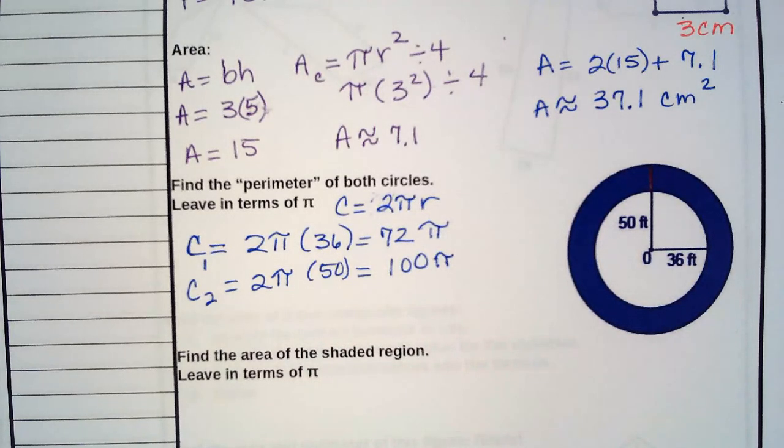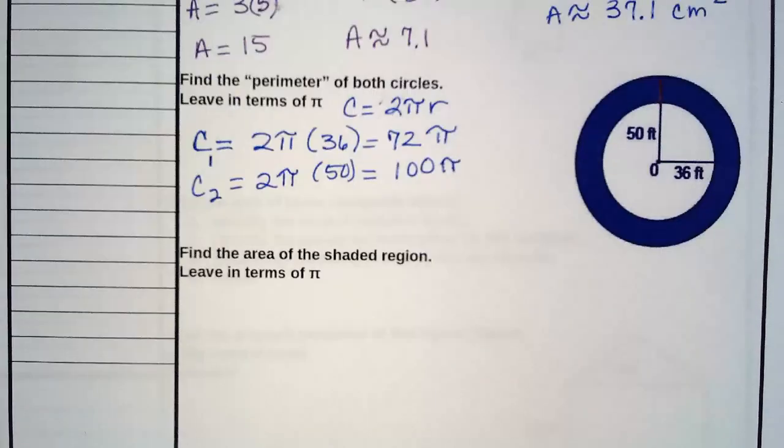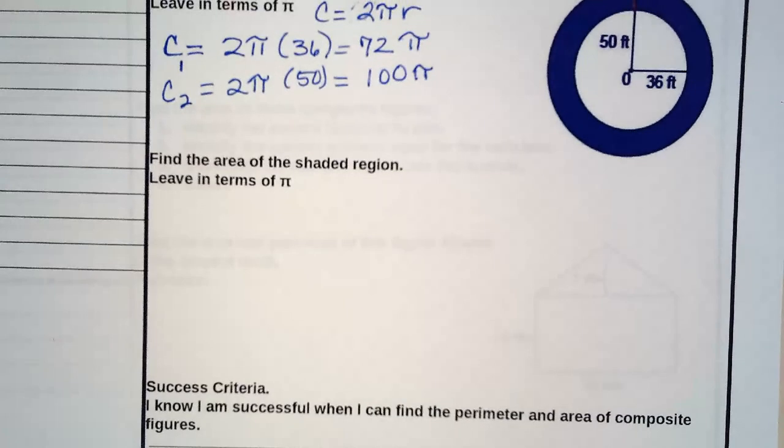What is your total? Okay, so we did the perimeter, but we were not asked to add them together. If it had said the perimeter of the shaded area, we would add them together. But we want the area of the shaded region.